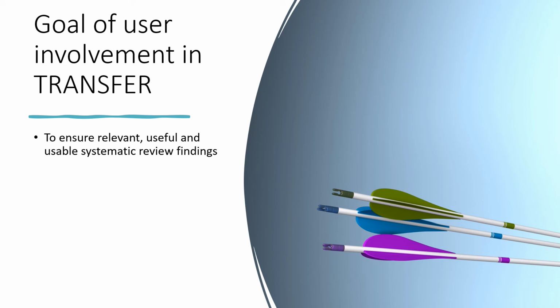The goal of user involvement in transfer is to ensure relevant, useful, and usable systematic review findings. Specifically, users are involved in creating clear and relevant review questions and considering context, or the factors that may influence the transferability of review findings to a specific decision-making context.